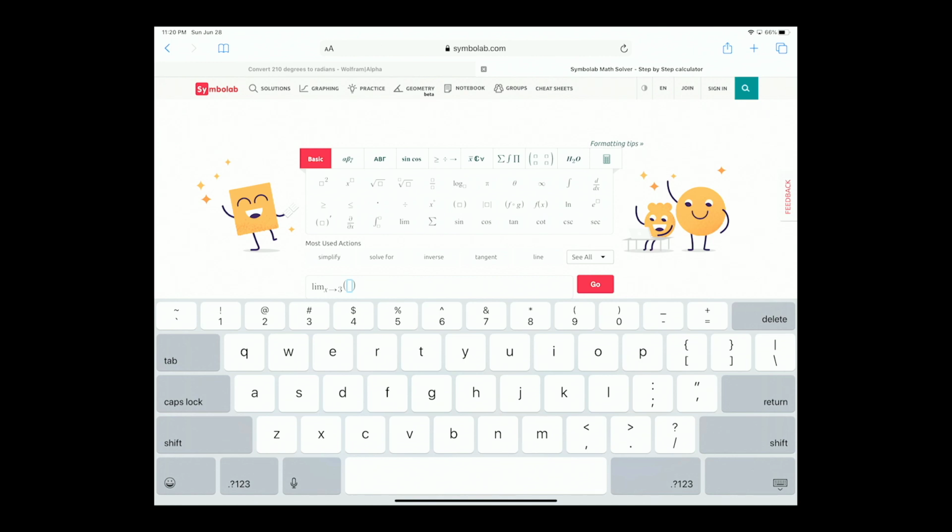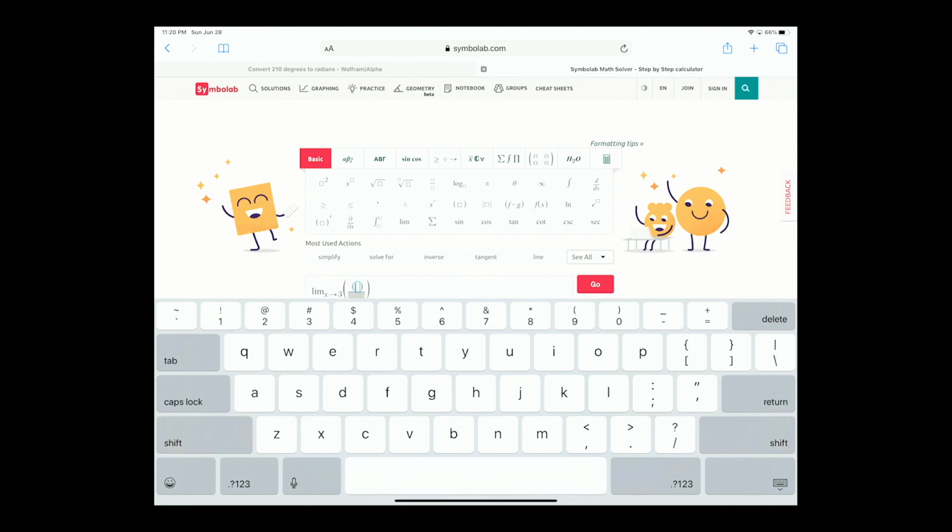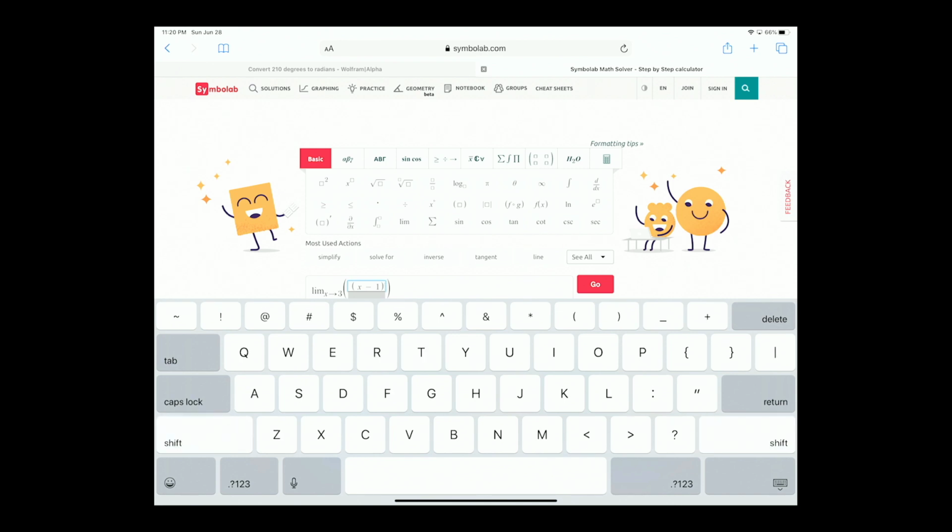How do I get a fraction like that? On top, we have parentheses, x minus 1, outside of the parentheses here. Did not do it. Come on.